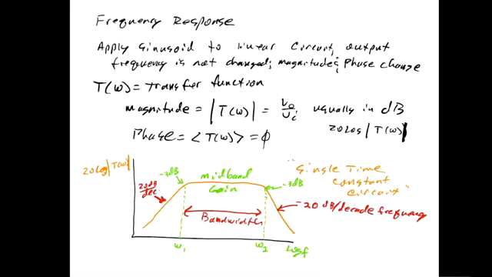We call these the frequencies where it curves down, and usually we call this the minus 3 dB frequency, for a variety of reasons. That works out to be a good point. So usually this corner where it falls is 3 dB below the mid-band gain. We call these frequencies omega 2 and omega 1, pole frequencies.